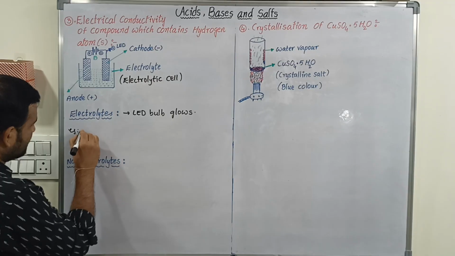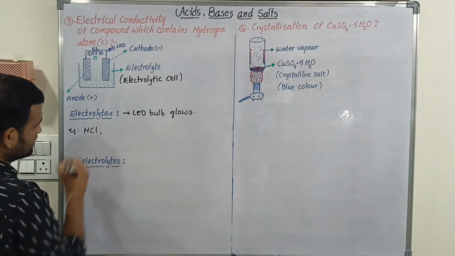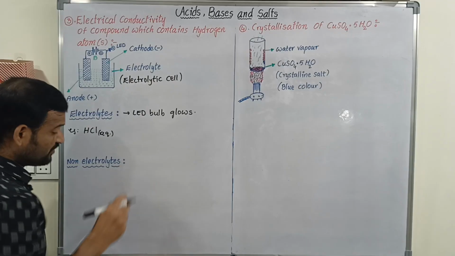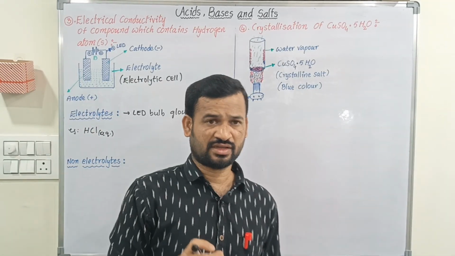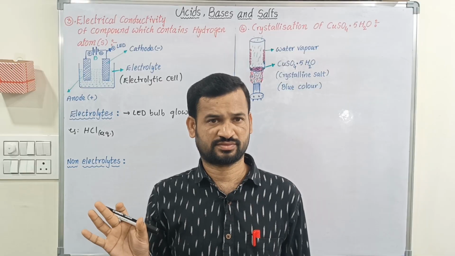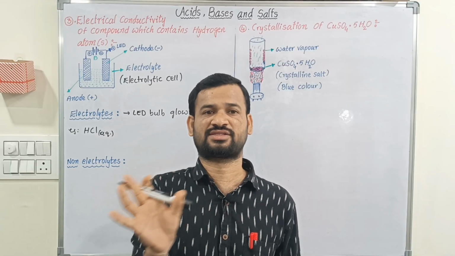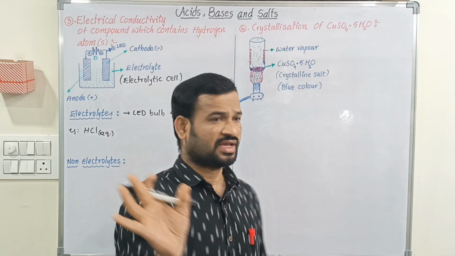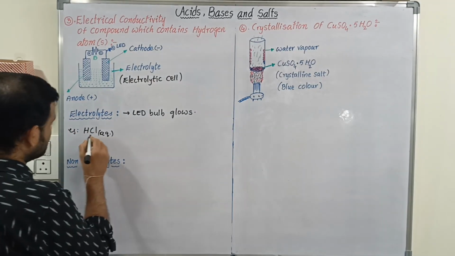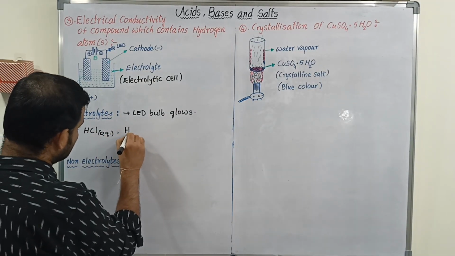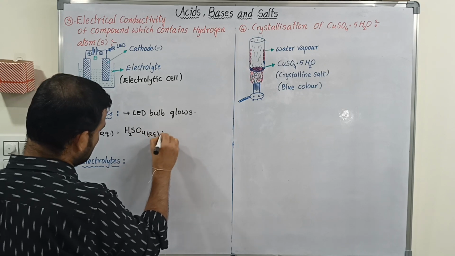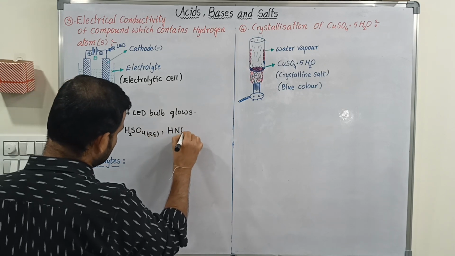Example, hydrochloric acid. So here we have to take aqueous only. If you take concentrated solutions, they do not ionize. They do not conduct electricity. So aqueous solutions we have to take: aqueous HCl, aqueous H2SO4, aqueous HNO3.